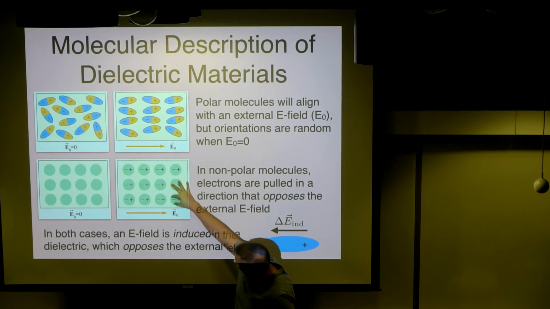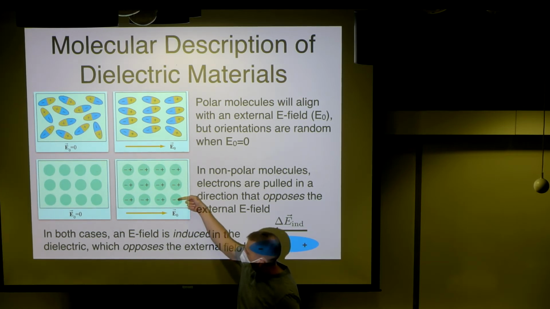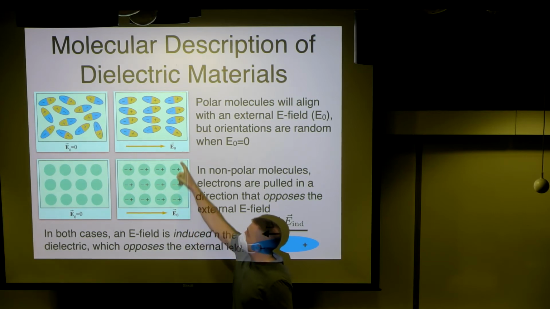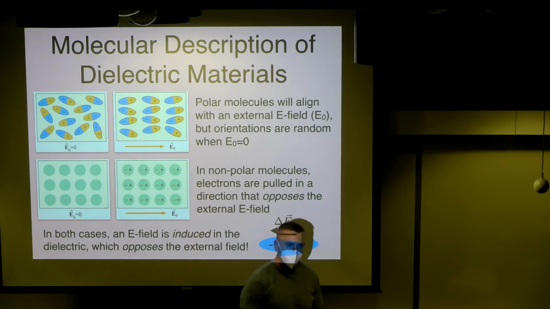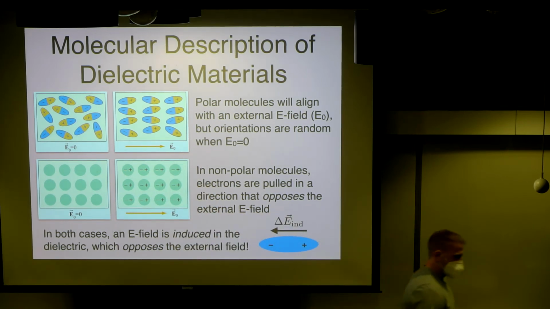So this little molecule right here is creating a tiny electric field going from positive to negative, which is this way. See that? This polar molecule up here creates a tiny electric field, goes from positive to negative, which is that way.